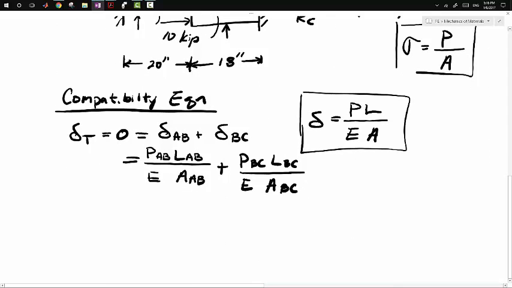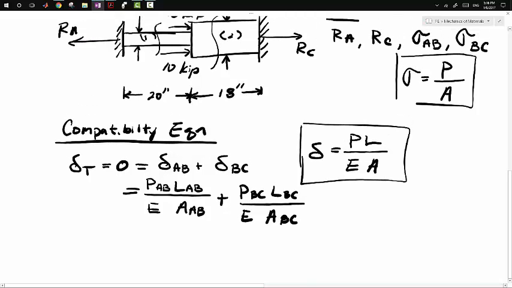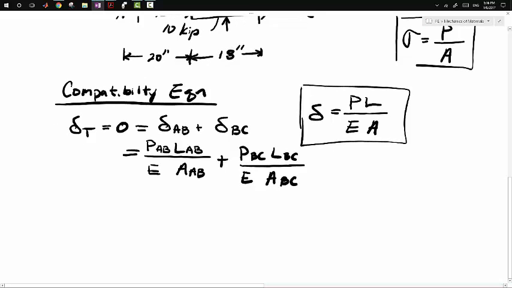So in order to find the axial force PAB, let's make a cut in between AB. We know that this is the reaction at A, so this is A, and we'll get the force AB.